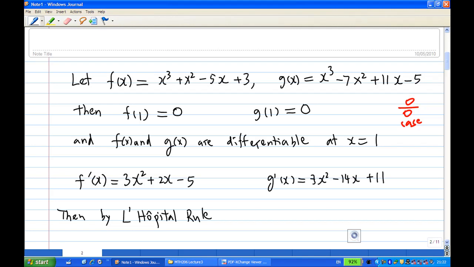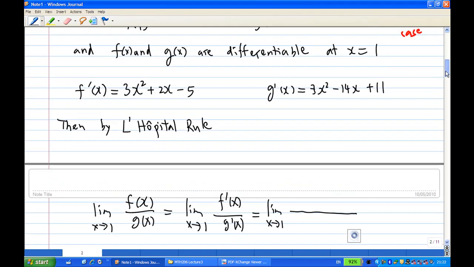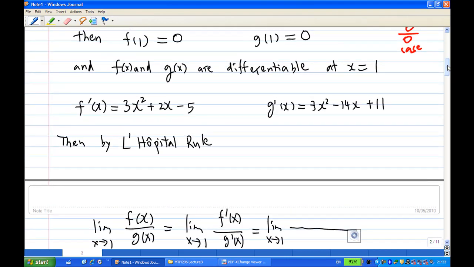Now using the L'Hopital rule, the limit of x approaching 1 of f of x over g of x is the limit of f prime of x over g prime of x as x approaches 1, which is equal to the limit as x approaches 1 of 3x squared plus 2x minus 5 over 3x squared minus 14x plus 11.